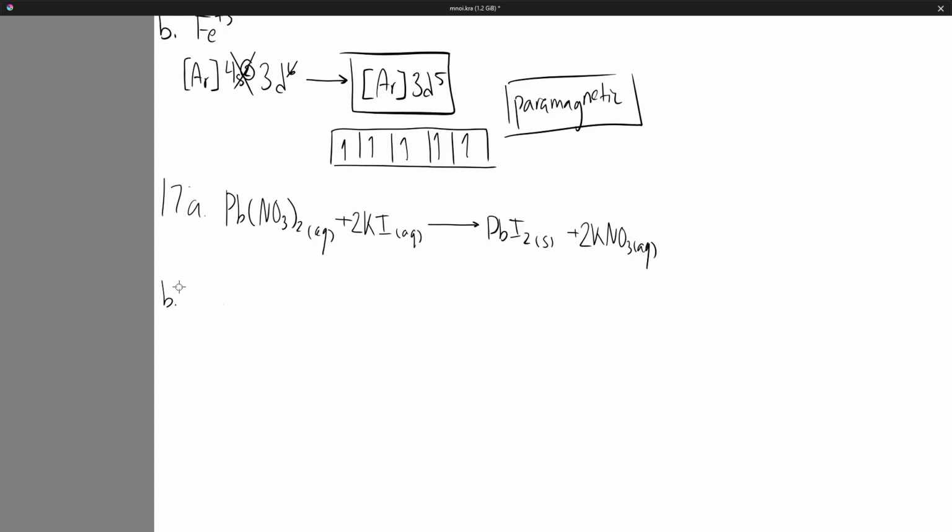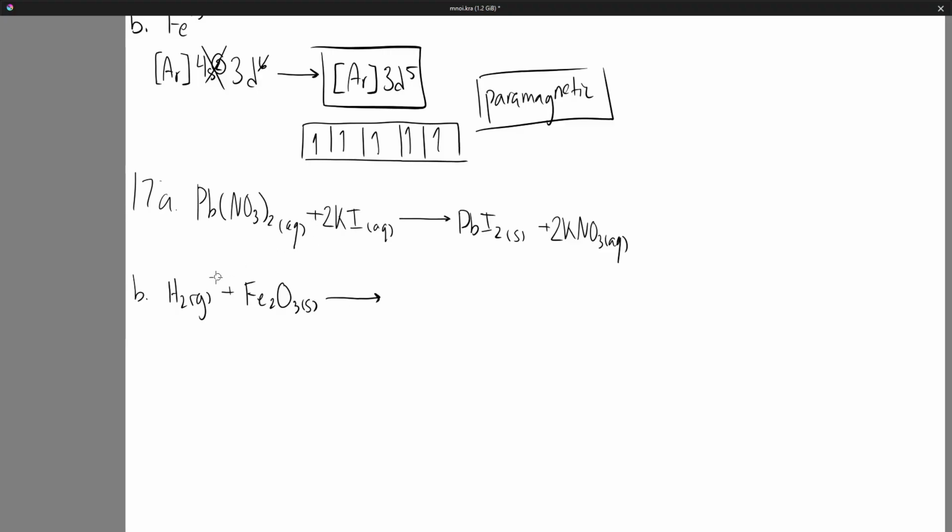B says, when hydrogen gas is passed over powdered iron 3 oxide. So it's H2 gas. Powdered basically means it's in little bits. So it's still solid. So that's the state of matter. So iron 3 oxide is Fe2O3. And it's solid because it's powdered.